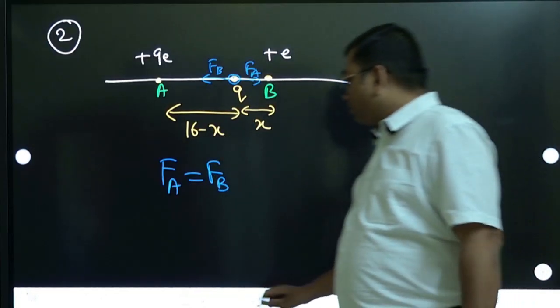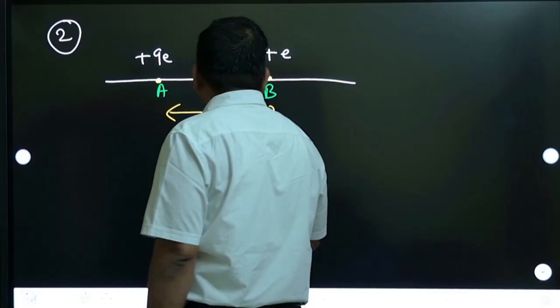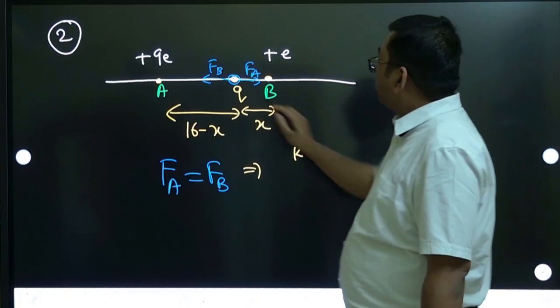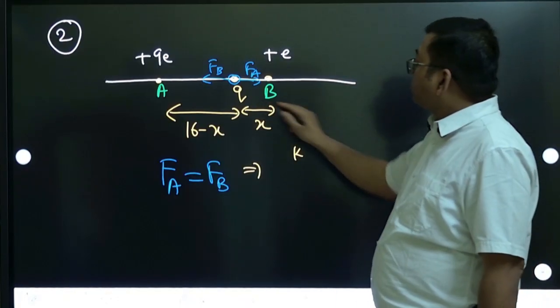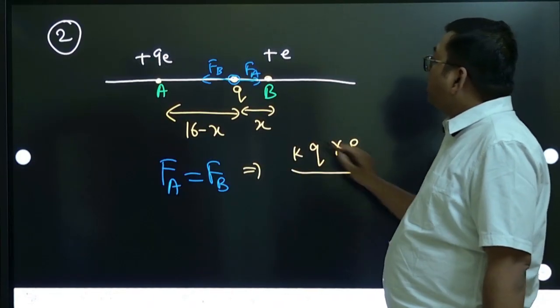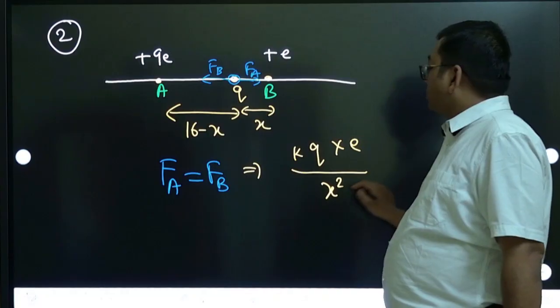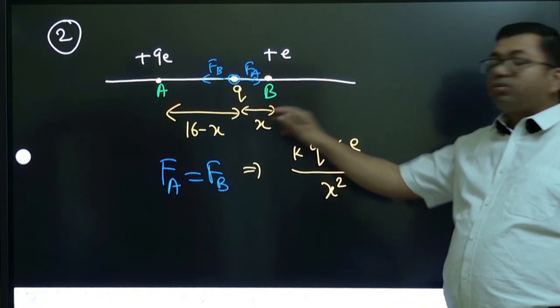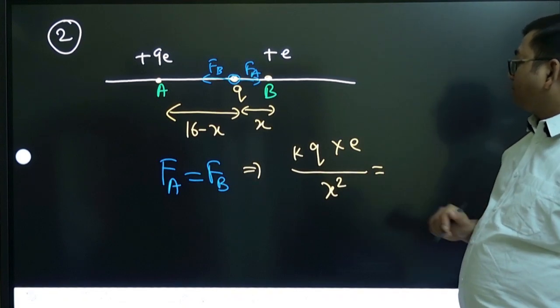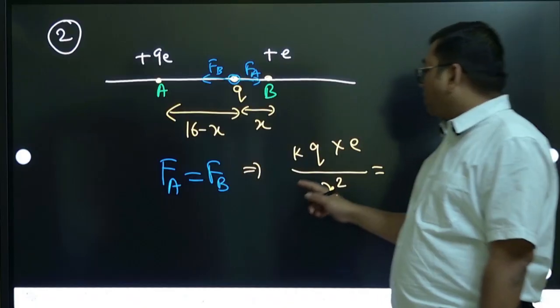Let us now write the forces. FA means due to A. So K, Q1, Q2, so this is Q and this is e, by x square. This is FA. Okay, we have to equate.